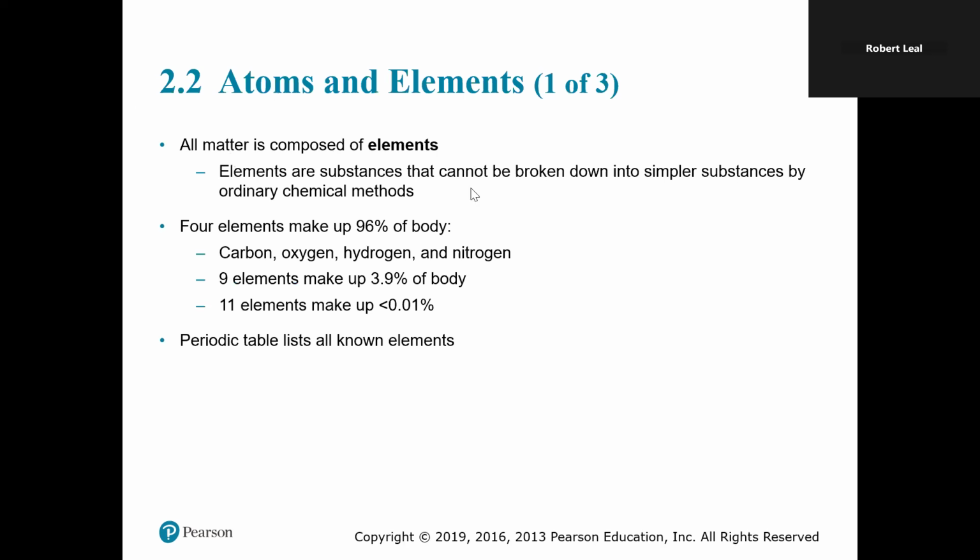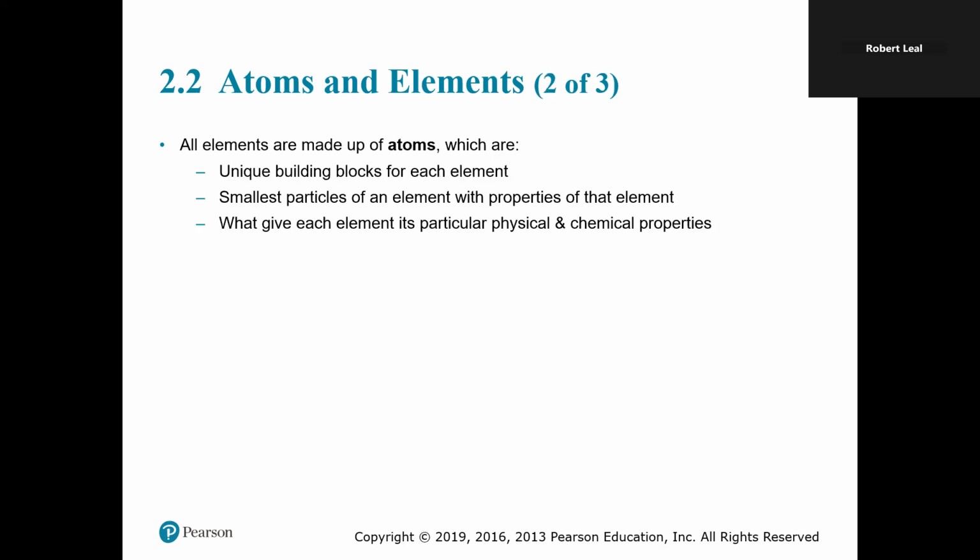Now, all matter is composed of elements. Basically, if you think of chemistry, there's a periodic table where you're going to see letters representing the different elements. The most abundant elements in the body are going to be carbon, hydrogen, oxygen, nitrogen, and there are others, but those are the most abundant in our body.